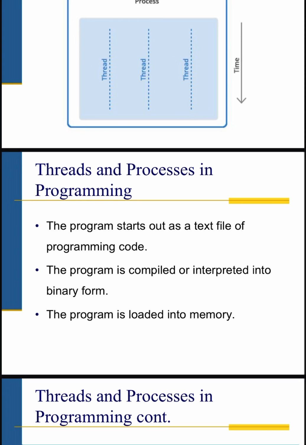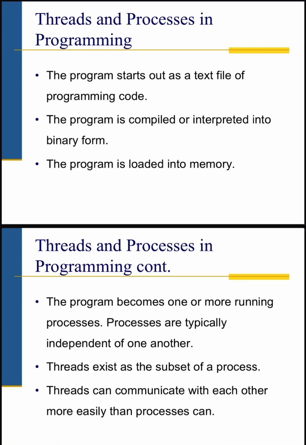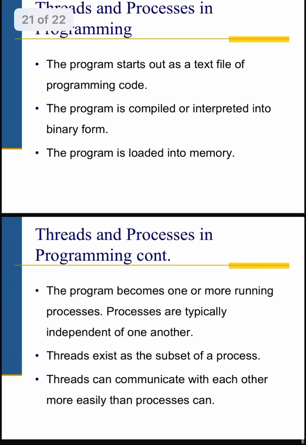The program is loaded into memory after compiling or interpreting the source code. The program becomes one or more running processes, and the processes are typically independent of one another.